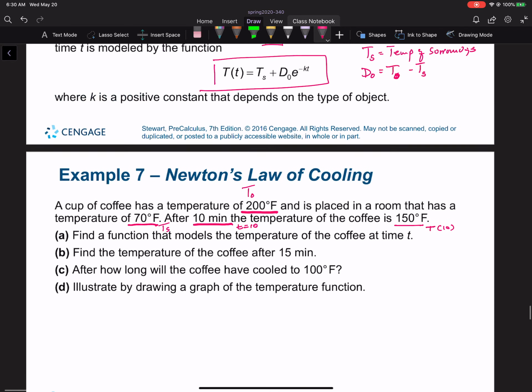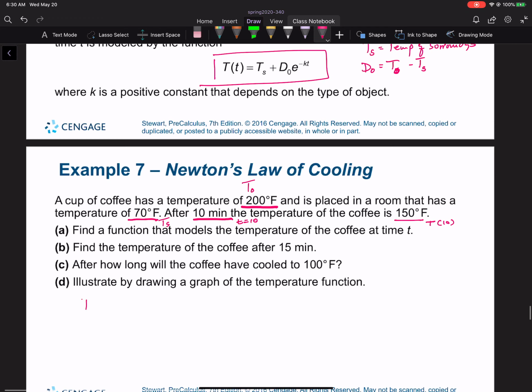Remember that the definition we had was T of little t is equal to the surrounding temperature plus D0, which is the difference between the object and the surrounding temperature, times e to the negative kt. If we plug in the information that we know, D0 is going to be To minus Ts, which is 200 minus 70, which is equal to 130.